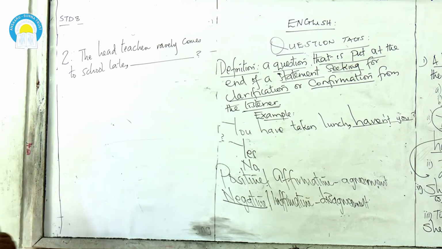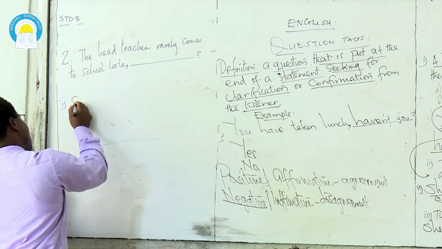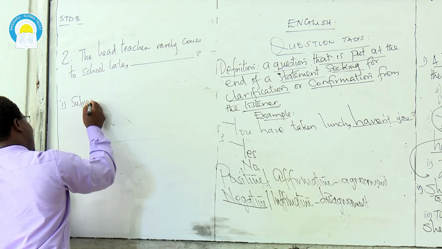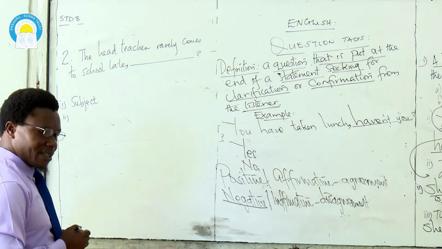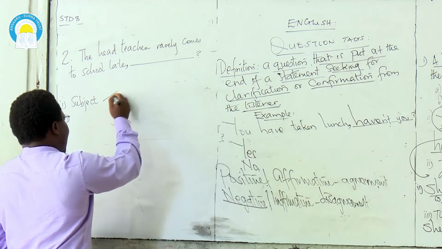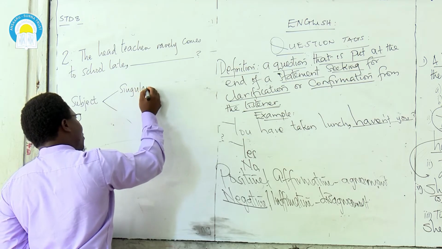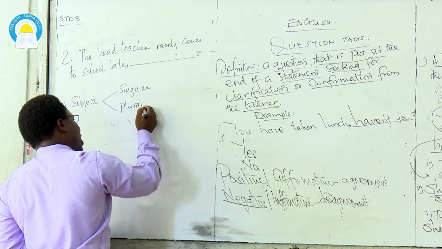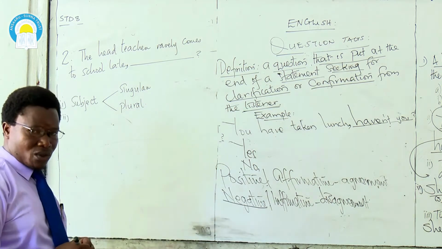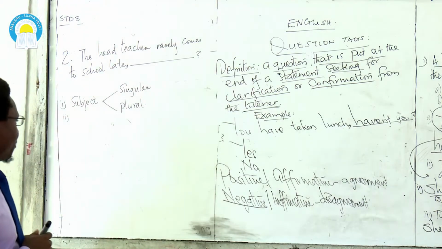Four steps are very important. First and foremost, try and identify the subject in that sentence, whereby the subject can be singular or plural.